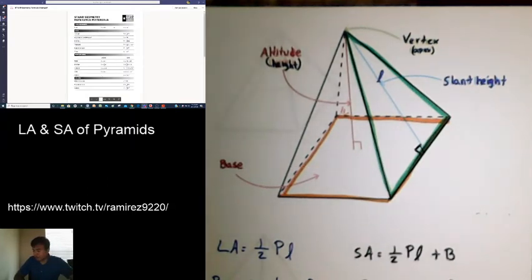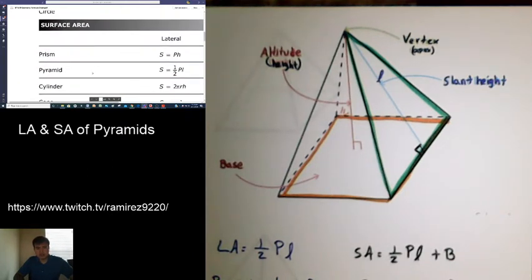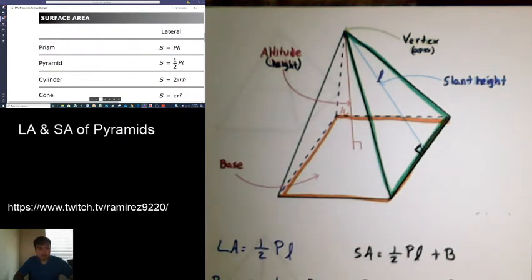And right now we're doing surface area, so the formulas will be here. I'm going to zoom in so you could see them. And again, we're right now dealing with pyramids. Keep in mind it's the second one. I'm going to move it and you won't be able to see this anymore, but it's the second one.